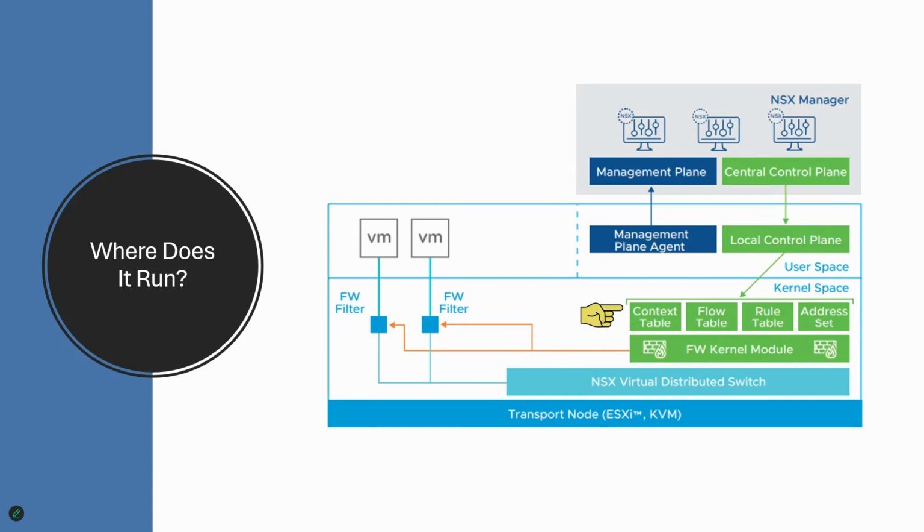So to summarize this architectural understanding: NSX manager is for configuration, the control plane distributes rules, but actual firewall enforcement happens inside the ESXi kernel in the firewall kernel module, which is attached directly to the VM's NIC. That is why this is called a distributed firewall.